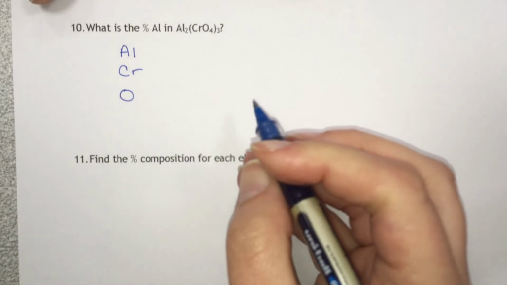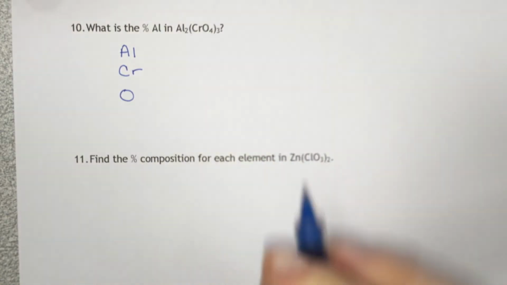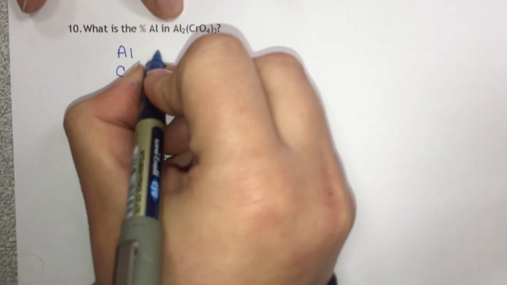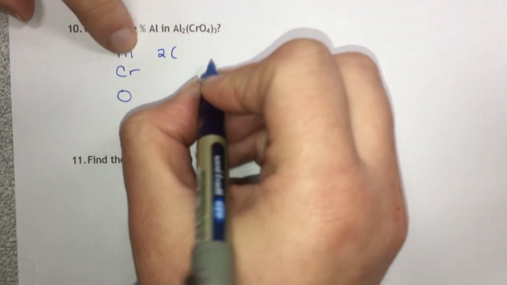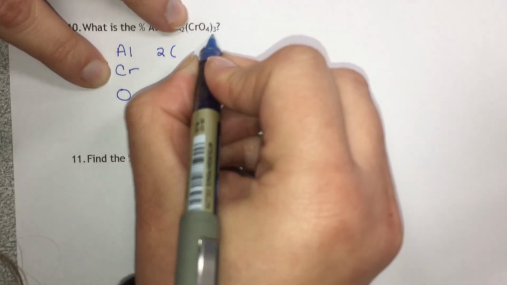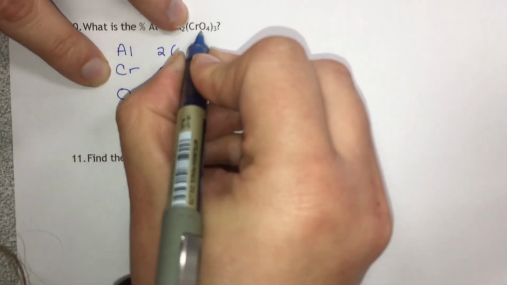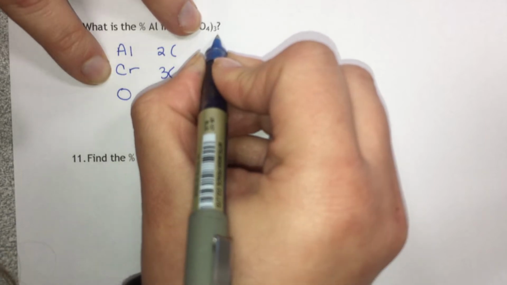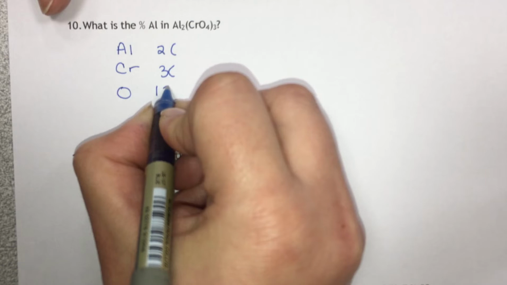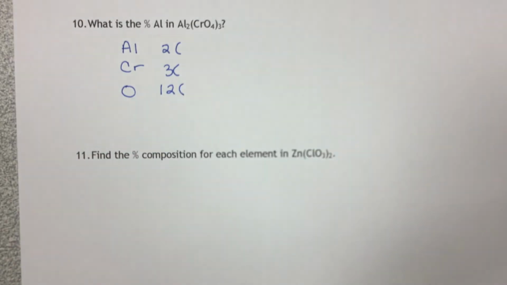So what we'll do, okay, we have aluminum, which we have 2 of, and we will multiply by how much it weighs. Chromium, we have 1, but we actually have to multiply it by 3. Oxygen, we have 4, but we need to multiply that by 3. Okay.